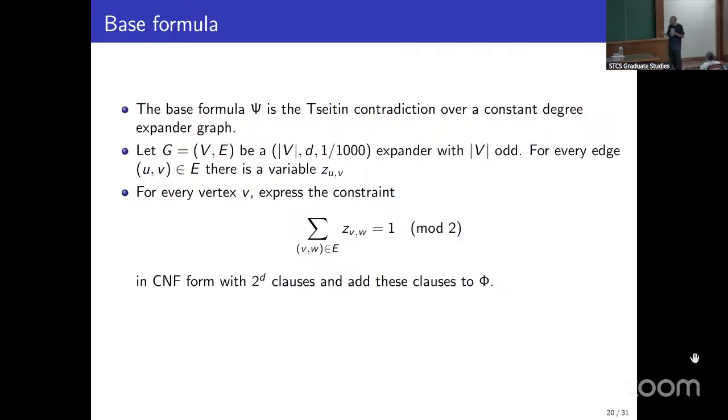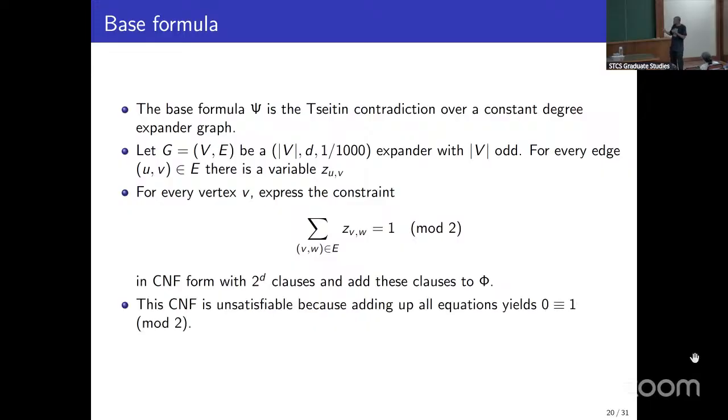We'll take d to be constant, so 2 power d will also be a constant. But for the lower bound, we need an expander. And yes, this CNF is unsatisfiable, because if you add up all these equations, you get 0 equals 1 mod 2.